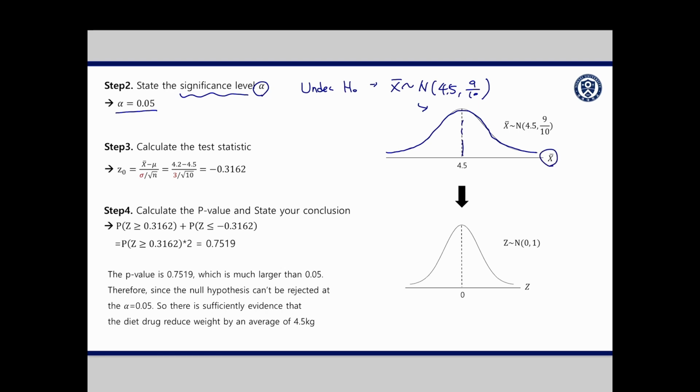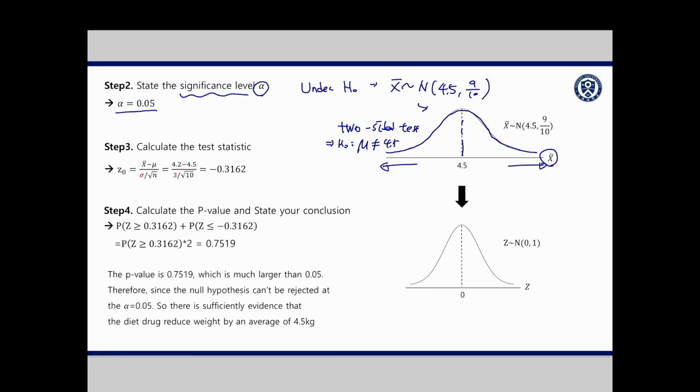In the two-sided test, with the alternative hypothesis H1, mu is not equal to 4.5, the direction of rejecting the null hypothesis is on both sides. Okay, there are two sides.